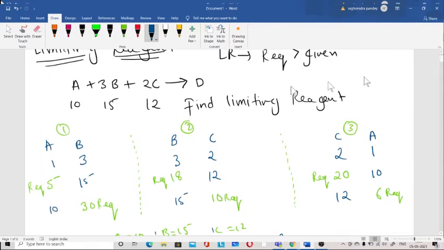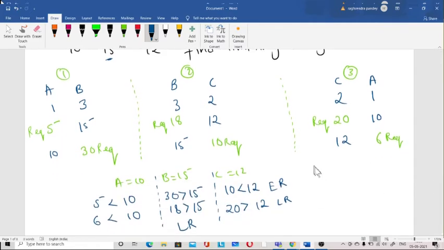In the above case also, I forgot to give you. How many D are formed? Now you see B is the limiting reagent here. What is the ratio of B and D? It is 3:1. B is to D, 3:1. So how many moles of B? 15 were there.